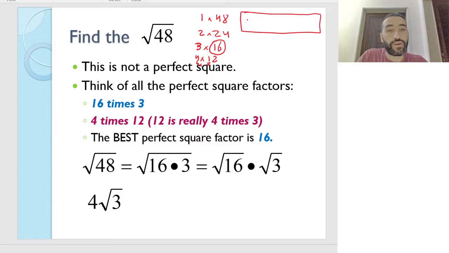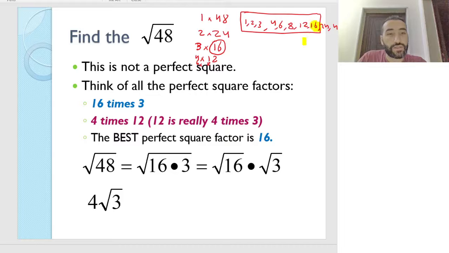So let me list the factors here. The factors are 1, 2, 3, 4, 5 no, 6, 7 no, 8 yes, 8, 12, 16, 24, and 48. Which of them is a perfect square? The only perfect square is 16.